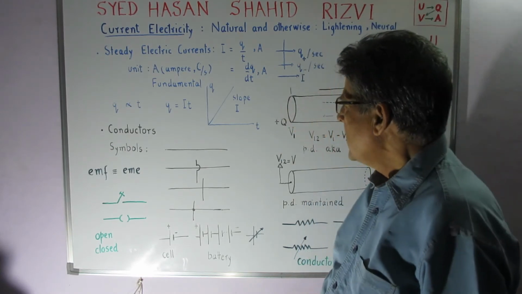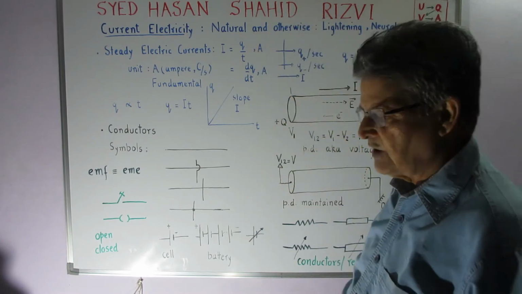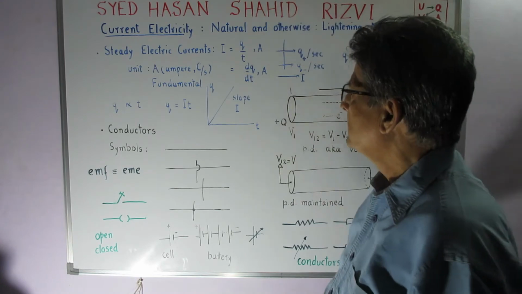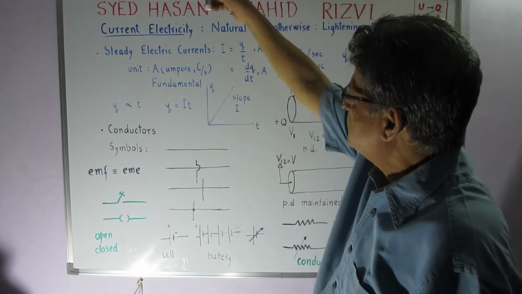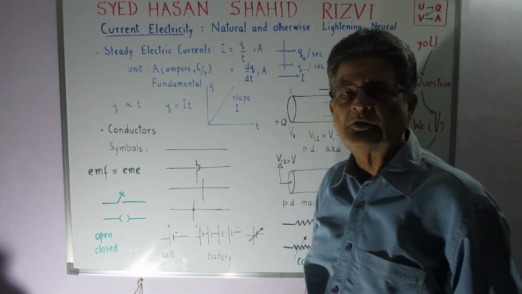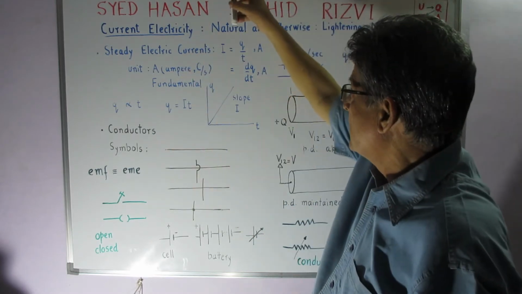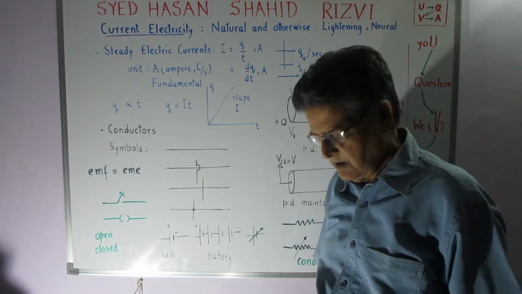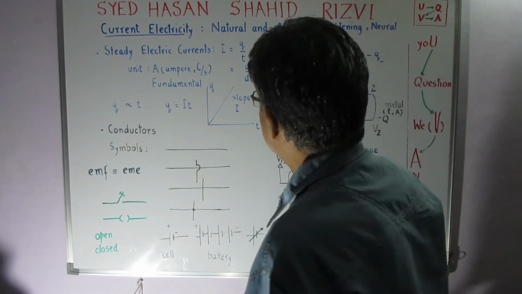If positive Q charge is transferred in time t from levels of higher potential to levels of lower potential, like in the case of water flowing from higher levels to lower levels, that analogy is there.